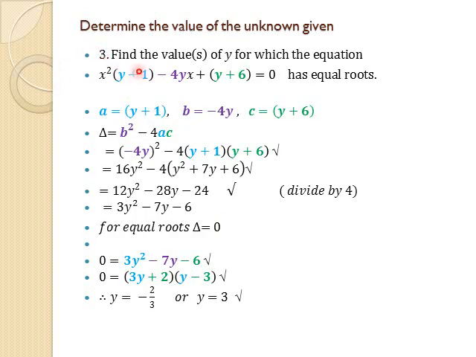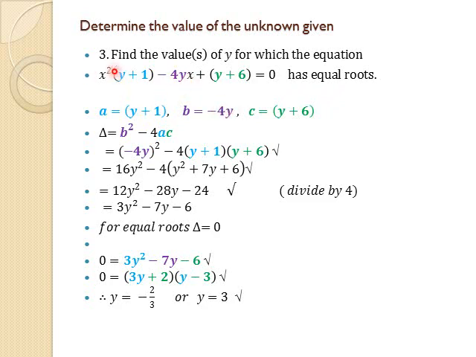Alright, find the values of y for which the equation (y plus 1)x squared minus 4yx plus (y plus 6) equals 0 has equal roots. So whatever is attached to x squared is always my a value. So that would be y plus 1. Whatever is attached to x will be negative 4y.